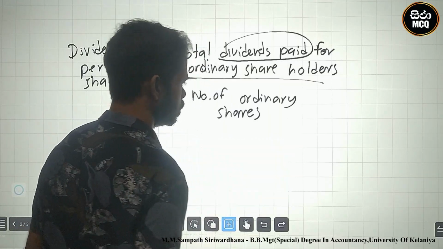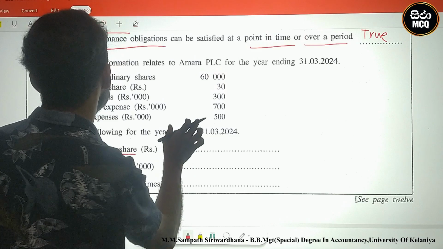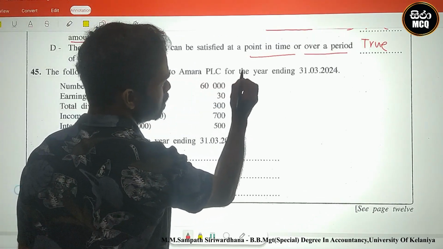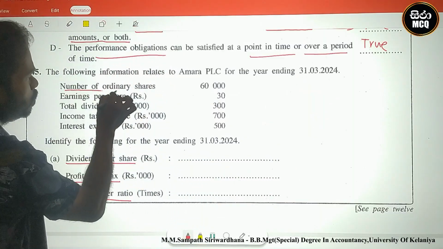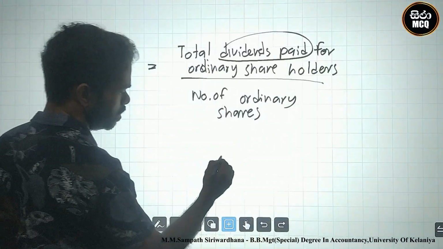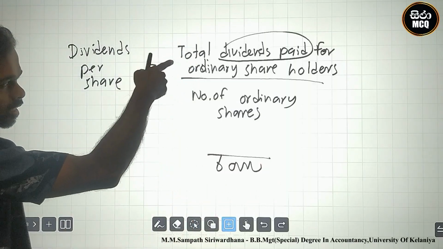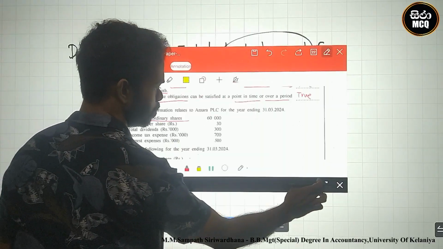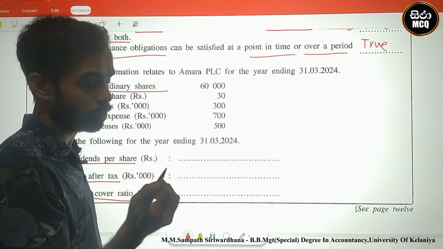Look here, this is the question. The following information relates to Amara PLC for the year ending 31st March 2024. First one, number of ordinary shares: 60,000. You must identify the total dividends paid amount.